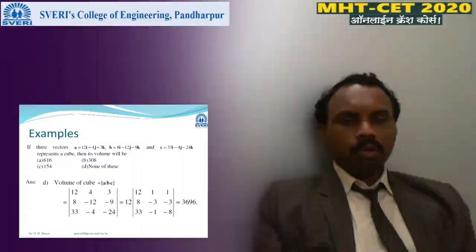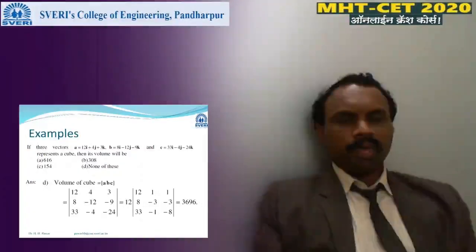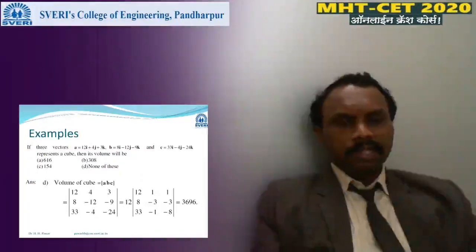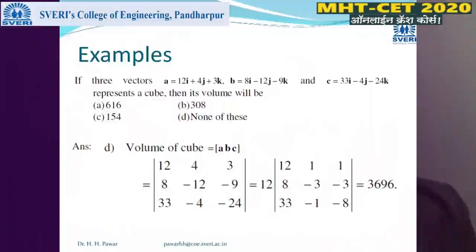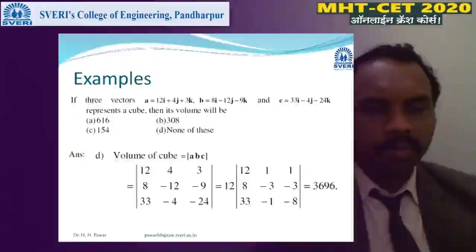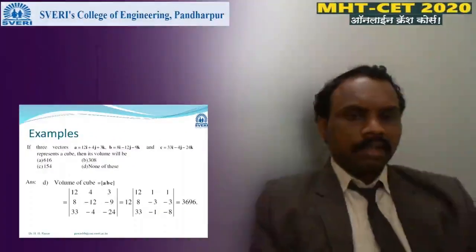Hence the volume of the cube is equal to the box product of A, B, C, obtained using the determinant 12 4 3, 8 minus 12 minus 9, 33 minus 4 minus 24, that is the determinant of coefficients of A bar, B bar and C bar, which gives us 3696 after solving. Hence the option should be none of these in this case.